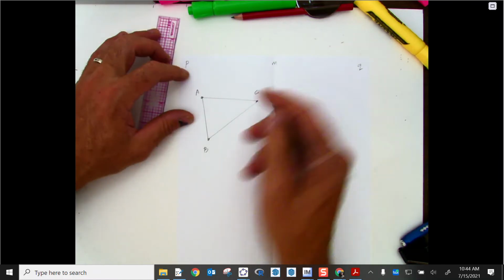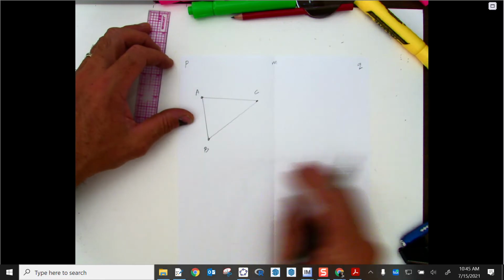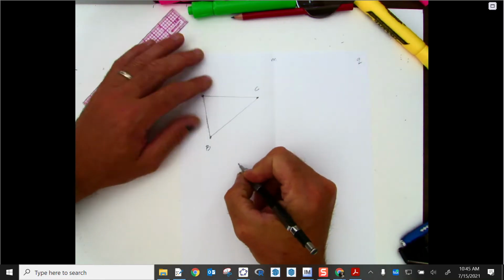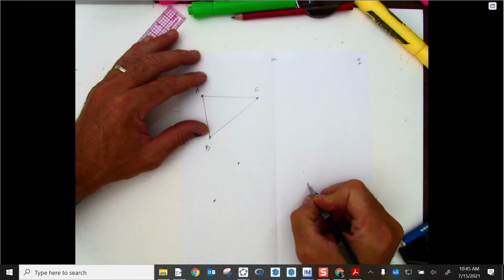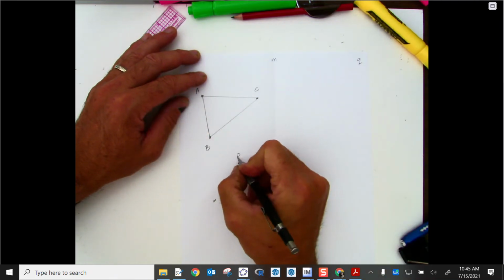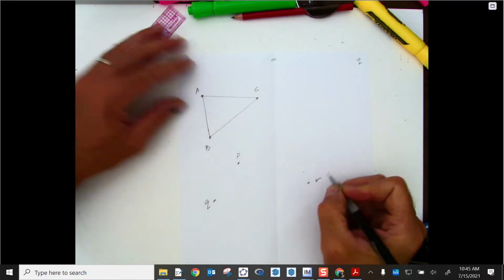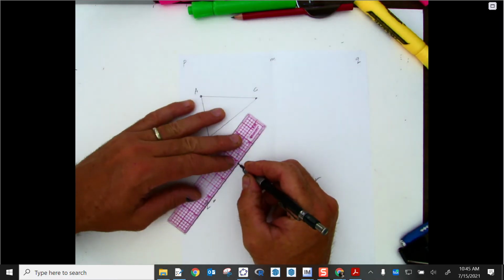And then one with two points in P and one point in Q. Maybe we'll give it different letters. How about P, Q, and R? So there they are.